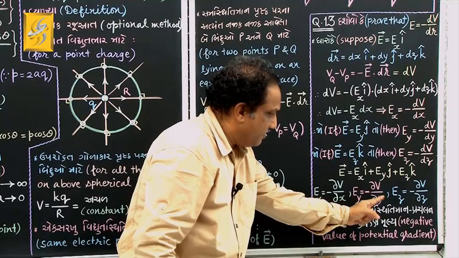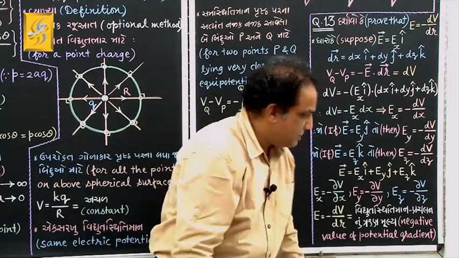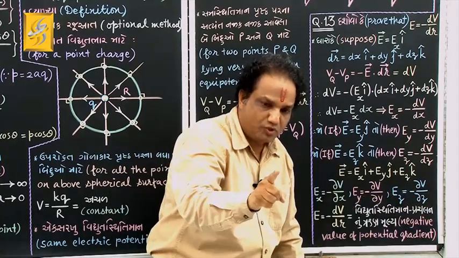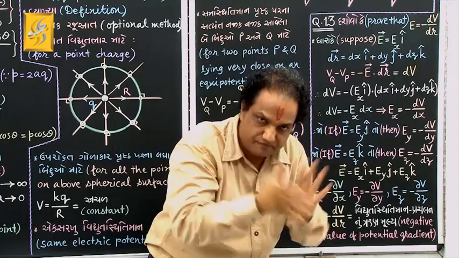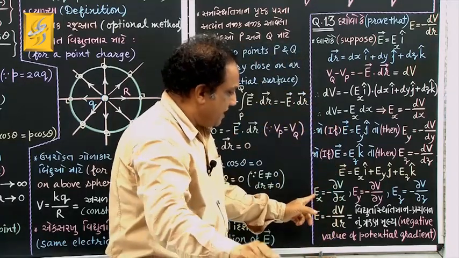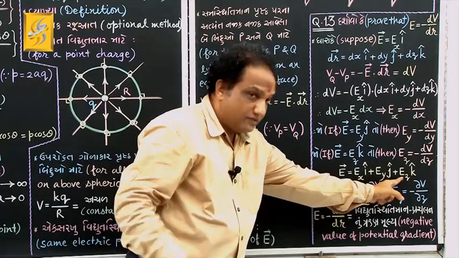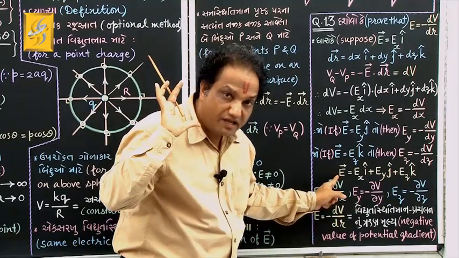Whenever you take partial derivative with respect to y, you are supposed to take x and z as constants. And finally, when you take partial derivative with respect to z, you are supposed to take x and y as constants. Okay, please remember. Now, once you find all these three components, you can put them here, and you will get the total resultant electric field at a given point.